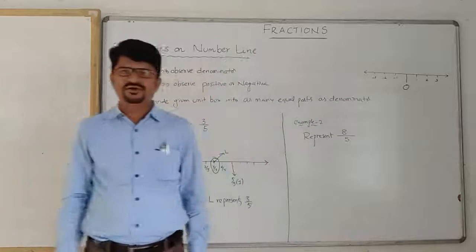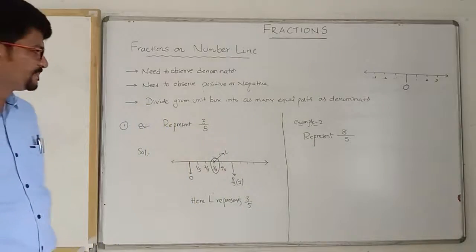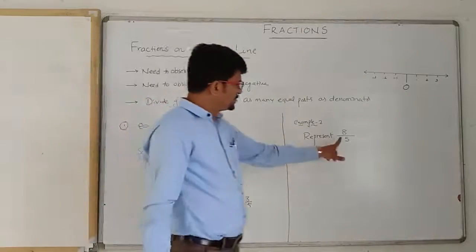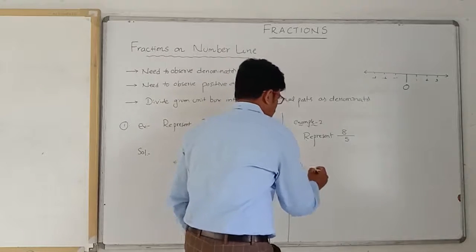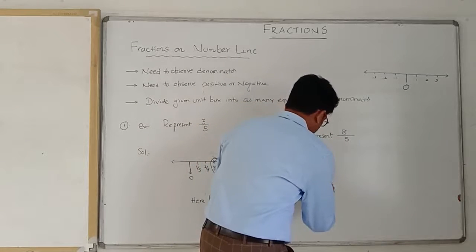Again the denominator is 5 only. Therefore divide each equal box into 5 parts. So draw a number line here.